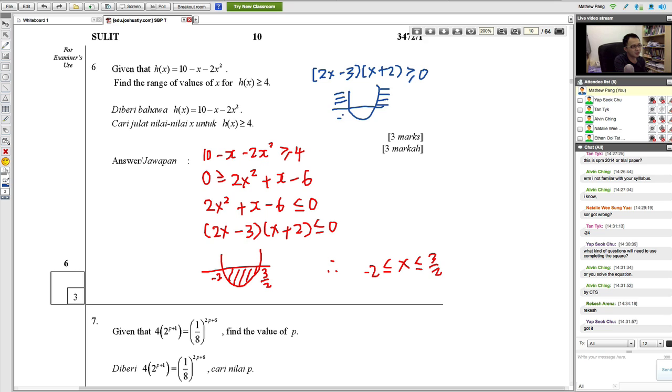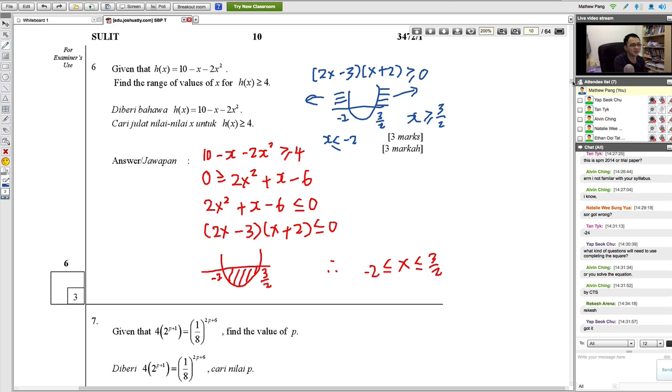So this one still remains the same, negative 2 and 3 over 2, but your x values will go in this direction and this direction. So that means my x will be less than negative 2, and my x will be bigger than or equal to 3 over 2. This is the difference between bigger or less than in inequalities. This is how you solve it, so make sure you understand this.